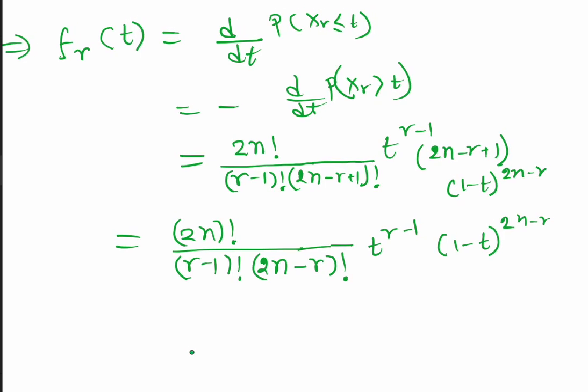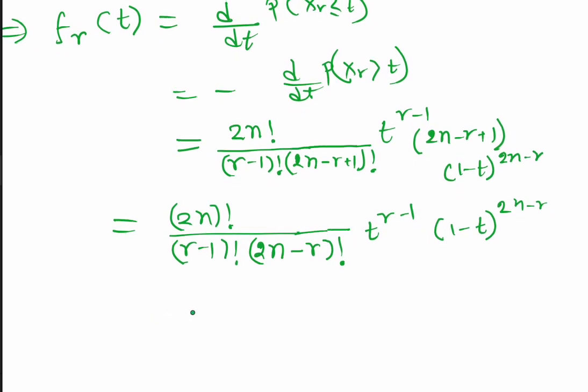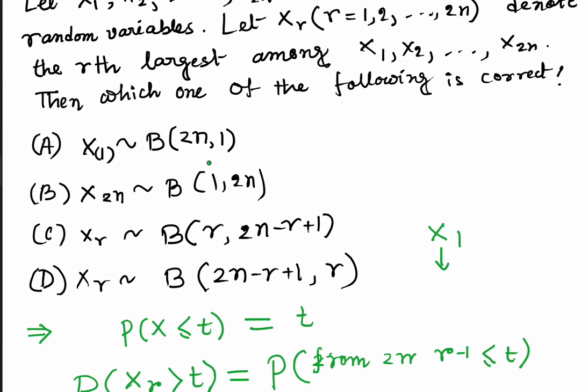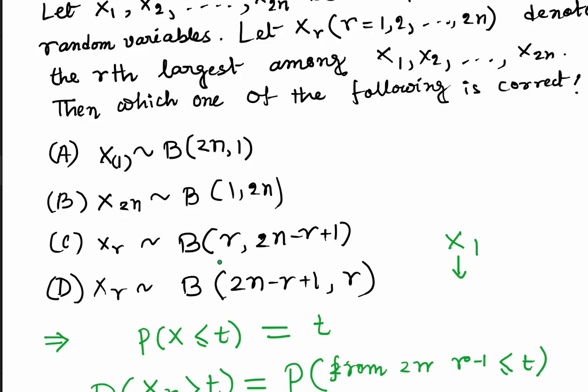And this is a beta distribution, which is beta r, 2n minus r plus 1. So this is a beta distribution with parameters r and 2n minus r plus 1. So C is the correct answer.